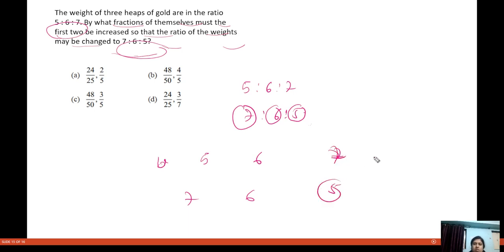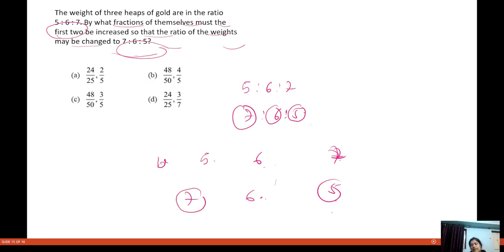Okay, so see how we will do this. First it is 5 is to 6 is to 7. Now this has to become 7, this has to remain 6 itself, and this has to become 5.